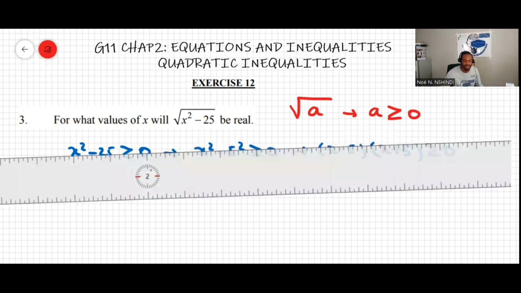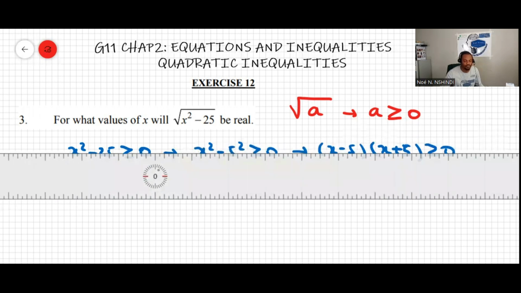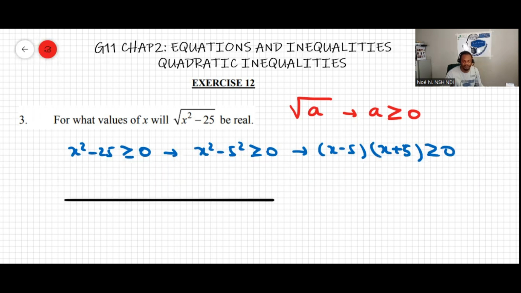Now we can use the number line to determine that. On a number line, the critical values are 5 here and -5 there. So I can place them in ascending order, -5 and then 5. So there, both are closed circles.